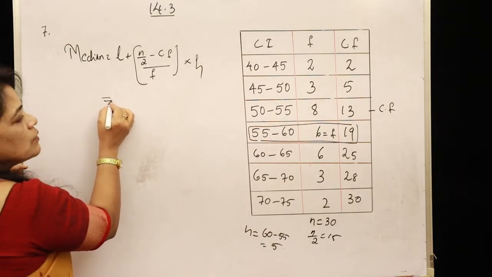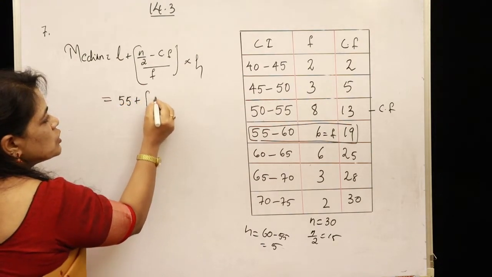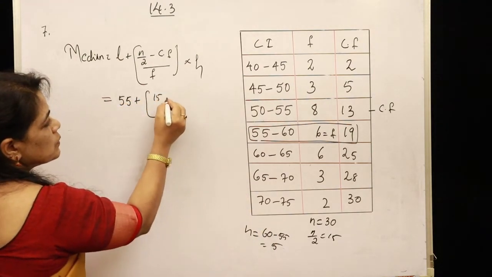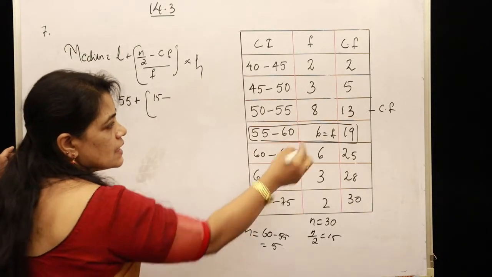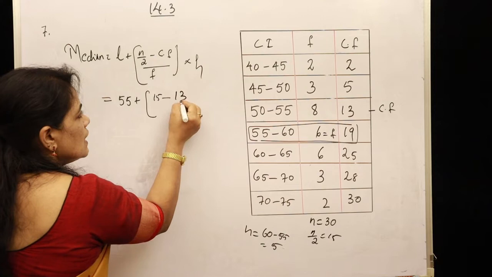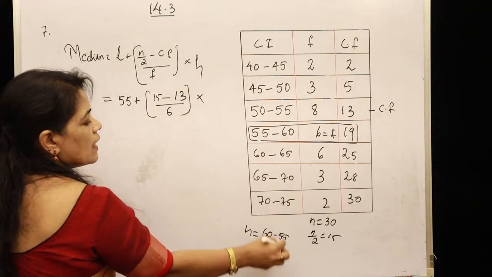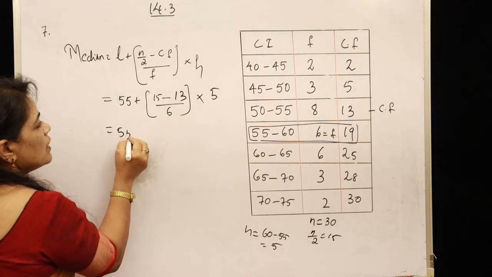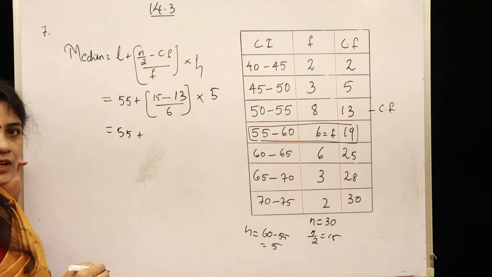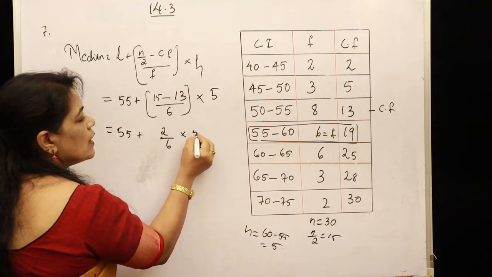The lower limit of the median class is 55, plus n by 2, 30 by 2, that is 15, minus CF, the cumulative frequency of the class preceding the median class, that is 13, divided by the frequency of the median class, 6, into h. So, 55 plus 15 minus 13, that is 2 by 6, into 5.